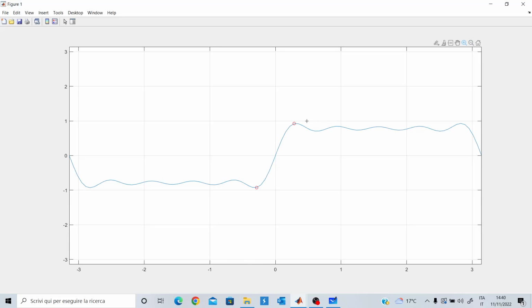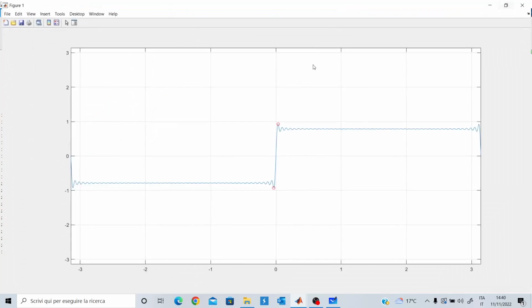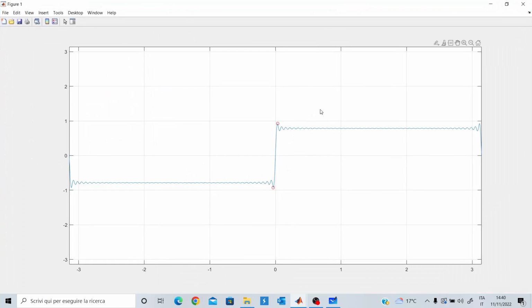As we increase the number of harmonics, we expect that this theoretical overshoot will get closer and closer to the point x equal to 0, so to the vertical line here, the vertical axis, the y-axis, whatever you want to call it. Now let's calculate the same truncated series when n is equal to 100. So we increase the number of harmonics, and you can see now that the approximation is better.